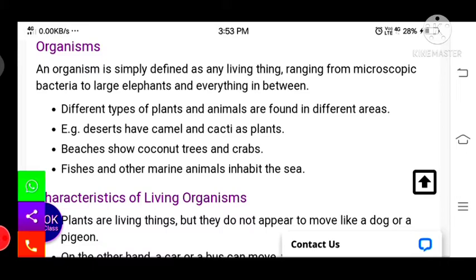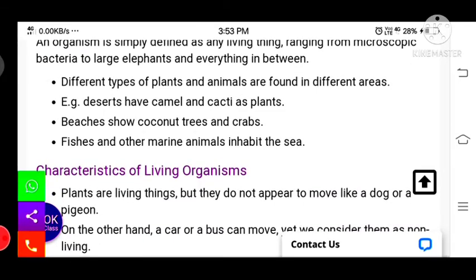It can be a bacteria which can only be seen by the microscope, and it can be a large elephant and anything between them, like dog, humans, cats, horses, jackals, etc.